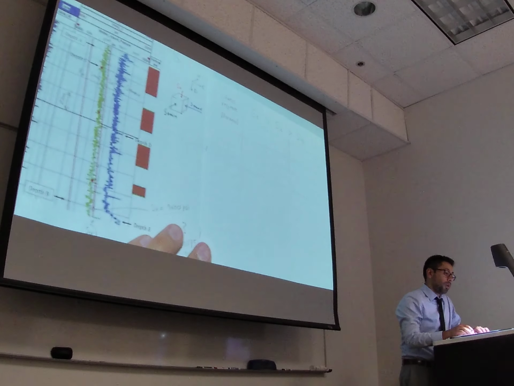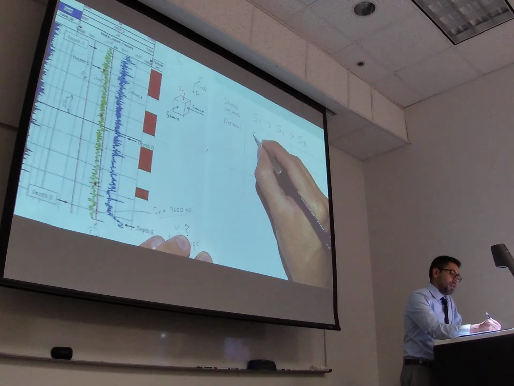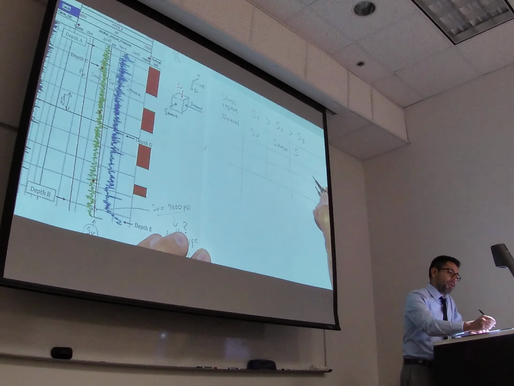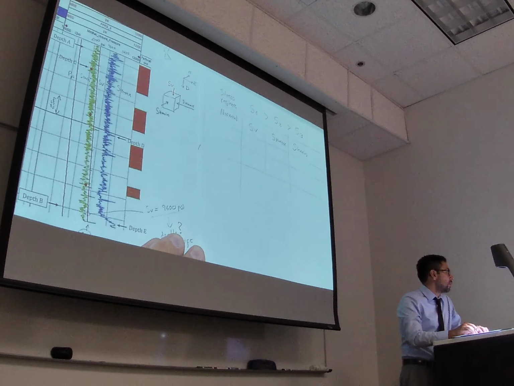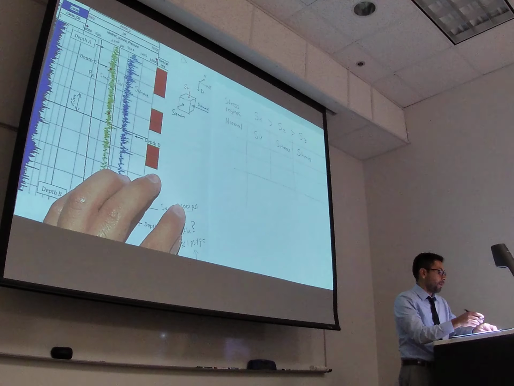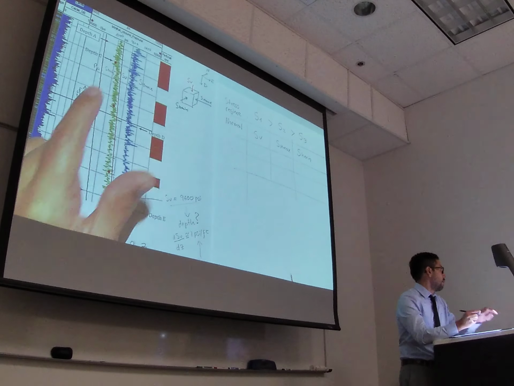It's going to be normal whenever the maximum principal stress is vertical and the other two are horizontal. Of course, SH max is going to be always bigger than SH min. And this is the case, for example, at depth C.